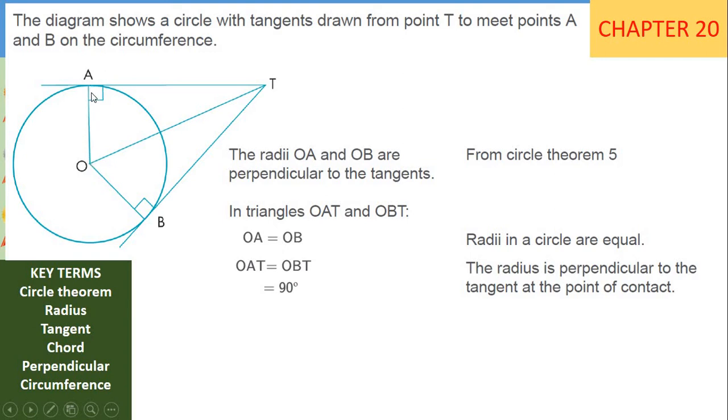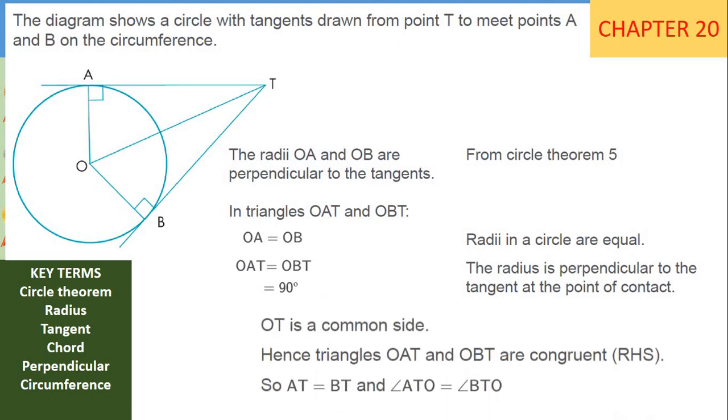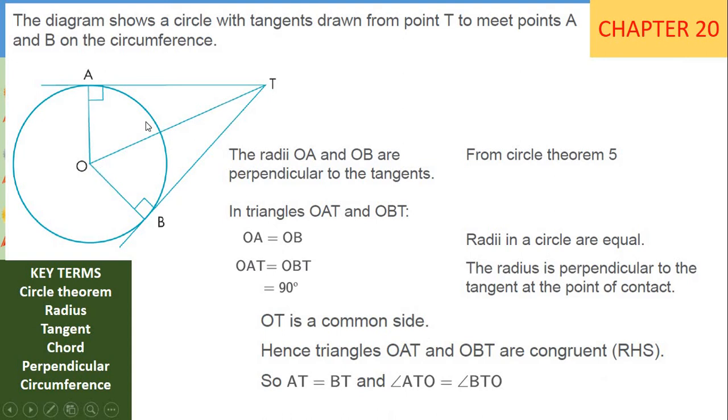So in this triangle here, OAT, OA is equal to OB because they are both radii in the circle, and they're equal. And OAT is equal to OBT, they're 90 degrees because I've just told you that from the circle theorem number 5. So OT, hopefully you can see this is common to both OAT and OBT.